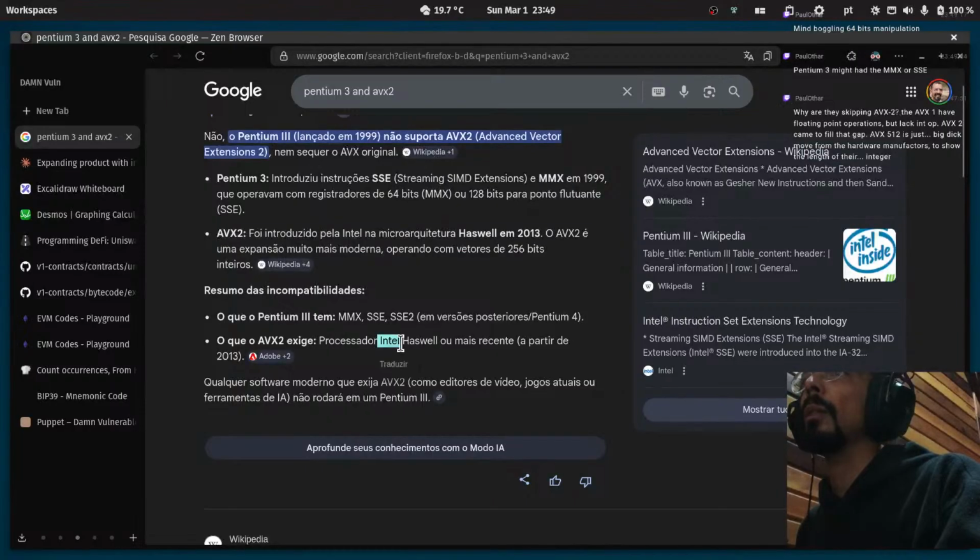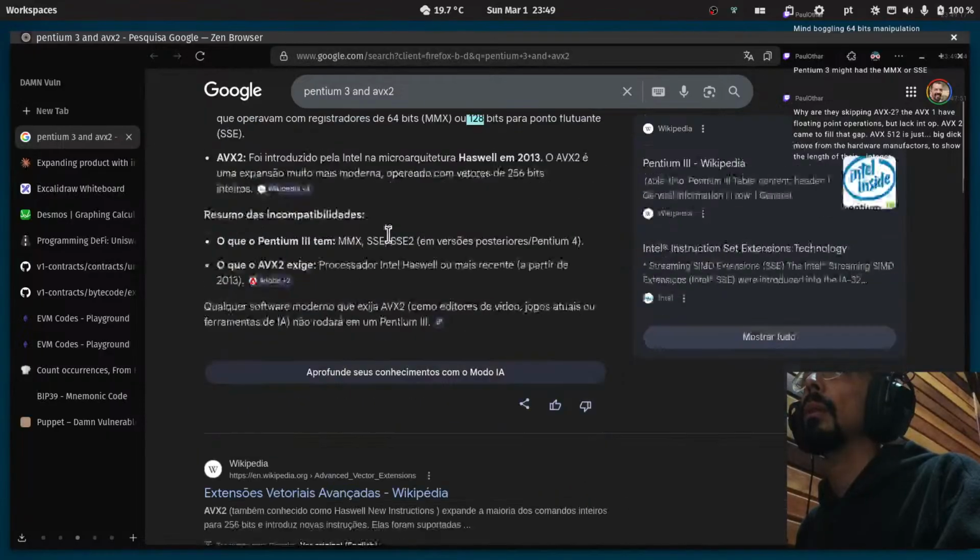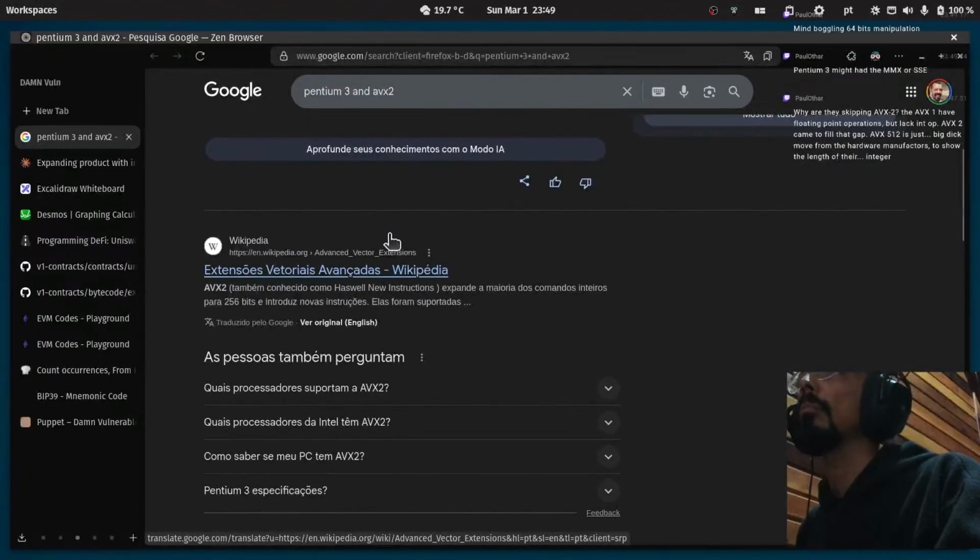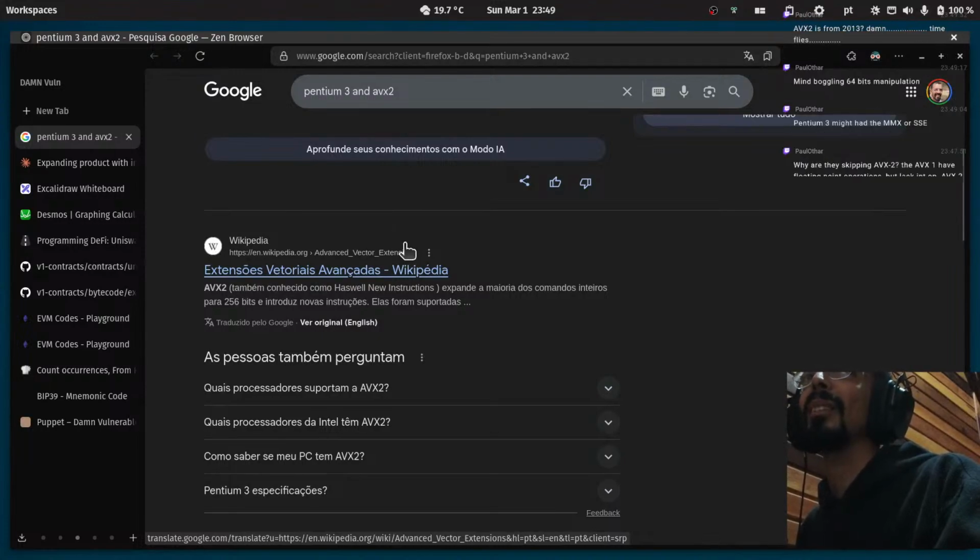Oh, processor Intel Haswell. I see. So the MMX 64 bits and SSE 128 bits. Cool stuff. Mind blowing, 64 bits manipulation. It's from 2023. Damn, time flies.